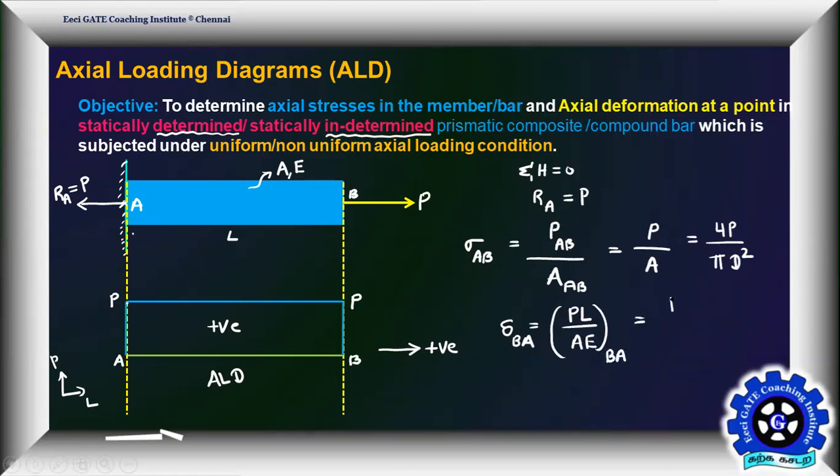P will come, length will be L, area of cross section is A. It is a simple problem, right? Basic, that is why you are writing it. This is total deformation. Correct? Only one bar, right?